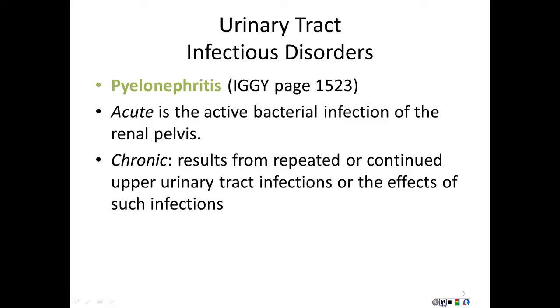So if we've got colonization, as we talked about earlier, from the lower urinary tract, it may not be causing any lower urinary tract problems, but if you get that reflux back up into the kidney area, it can set off an infectious process in the kidneys. Again, the more frequent that the patient has these types of infections, the more damage is caused to the kidneys.